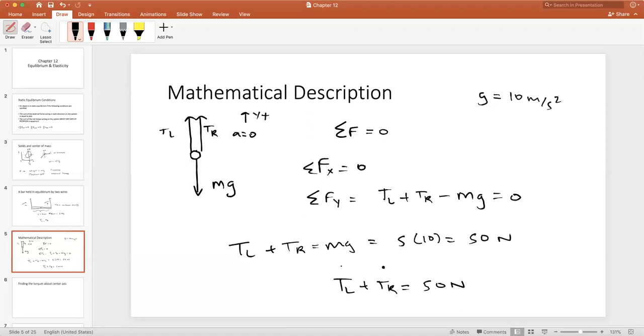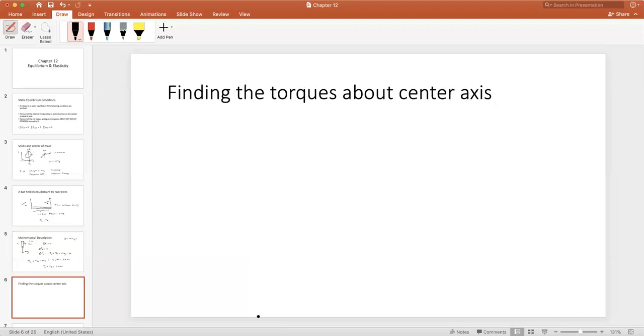That equation comes from the other condition of static equilibrium, which is that the sum of the torques is 0. So whenever we have torques, the first thing is what is the axis of rotation? And here I'm going to choose it to be the center of our rod. So at the center of our rod, we have our axis of rotation.